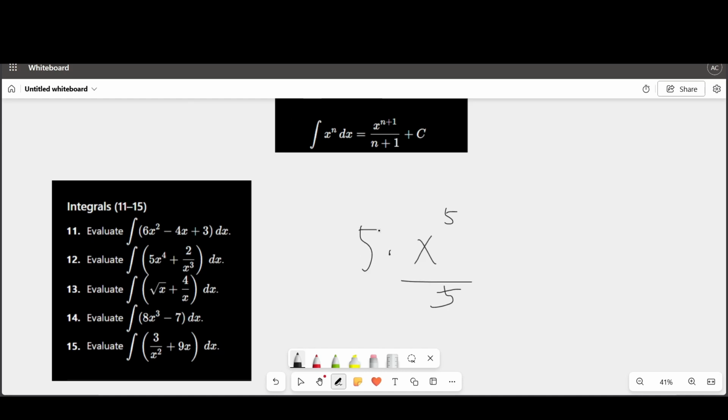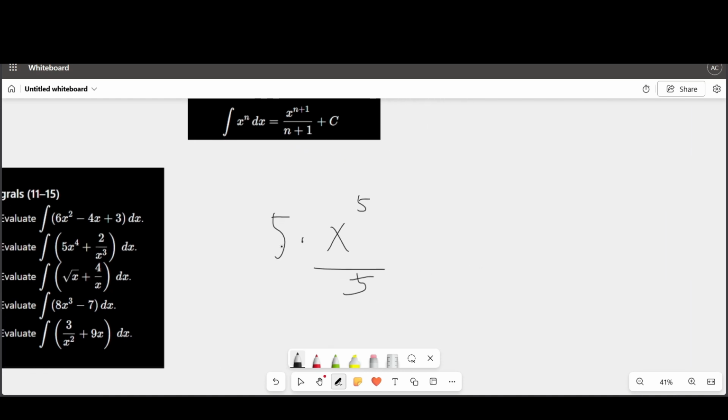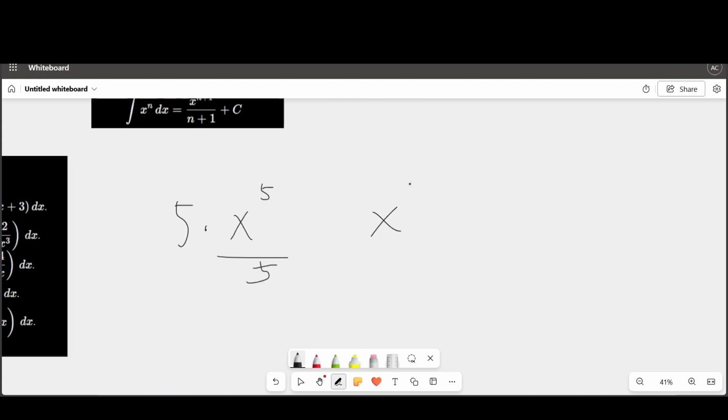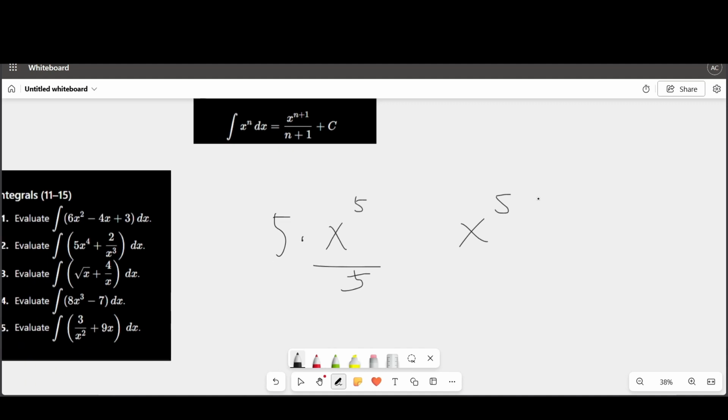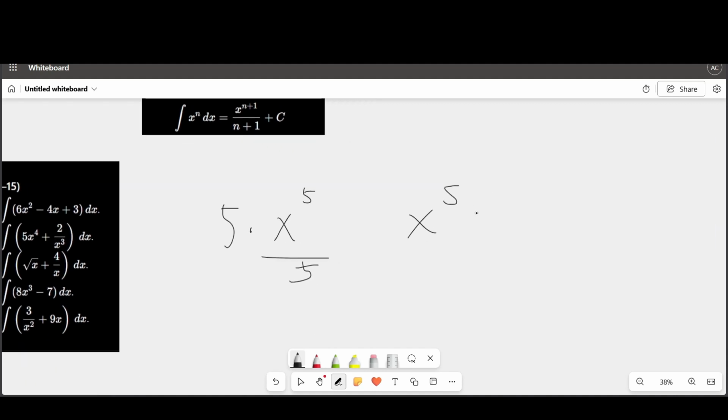Let's divide this first. It's going to be x^5 here. Then plus 2.